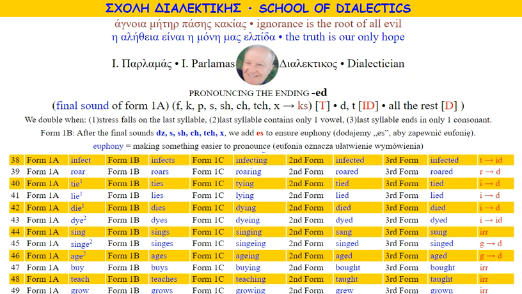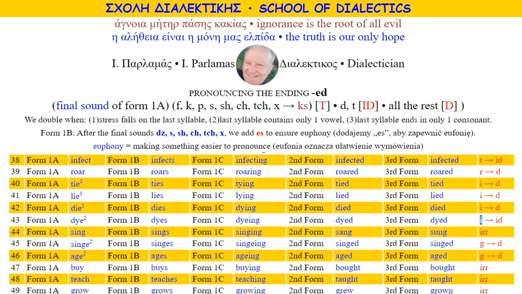They retain the E here. They retain the E, you see? So let's do 43. Die. Dies, dying, died, died. Okay, final sound E.